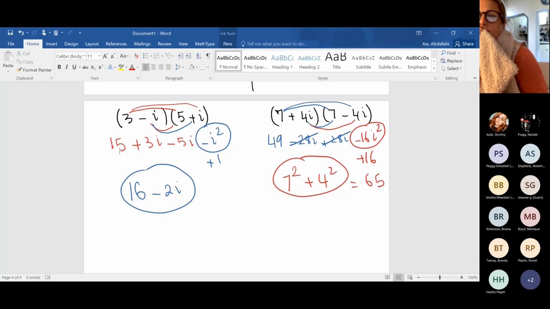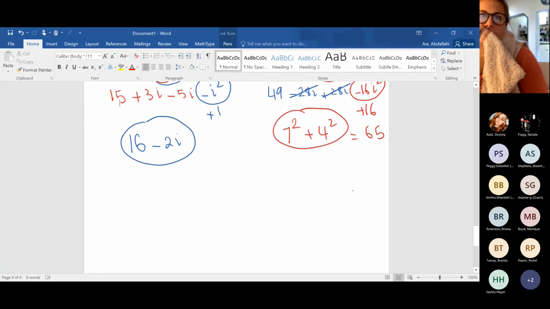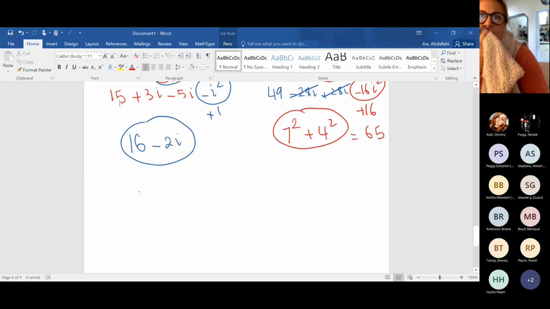These two numbers are conjugates. And when you multiply them, your answer will always be a squared plus b squared, right? So what we say here, and you see there's a new word here, is a plus bi and a minus bi are conjugates.